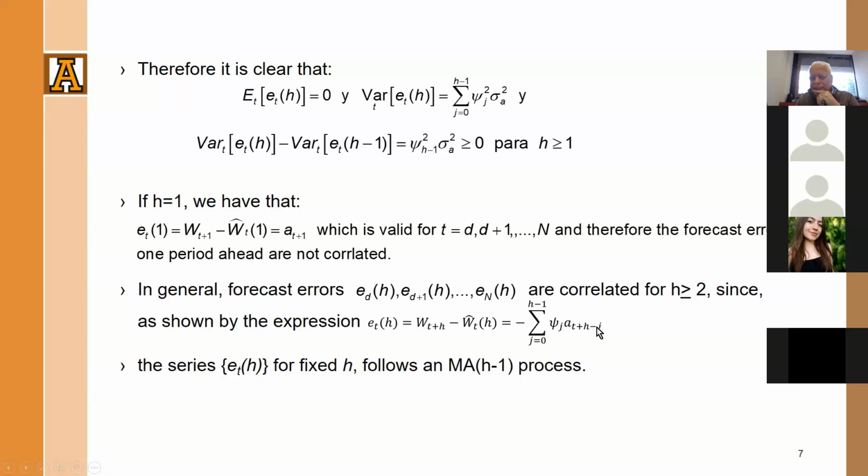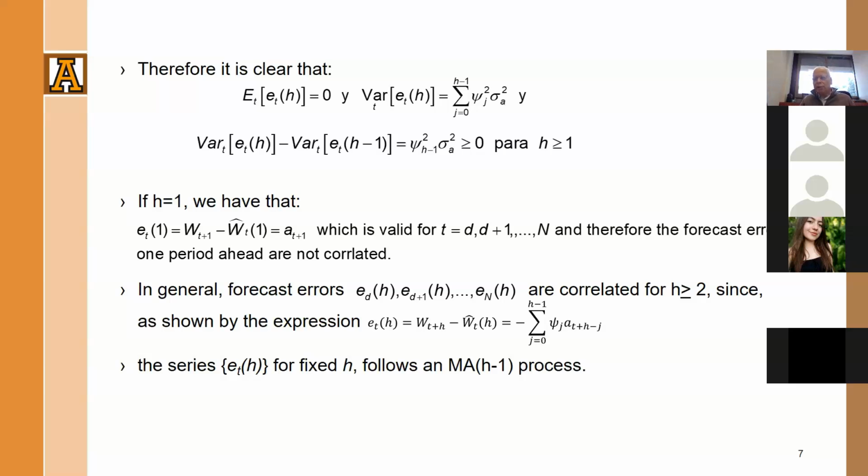So the e_t of the forecast h periods ahead for h greater than or equal to 2 are going to be correlated.